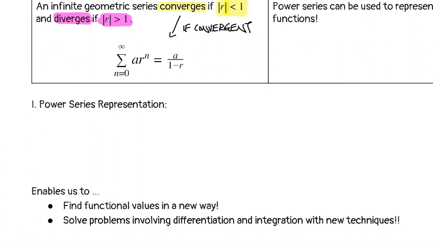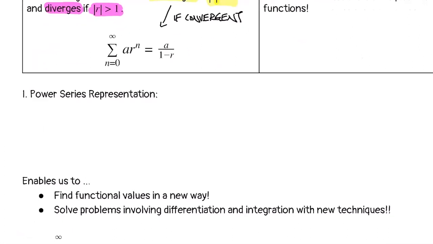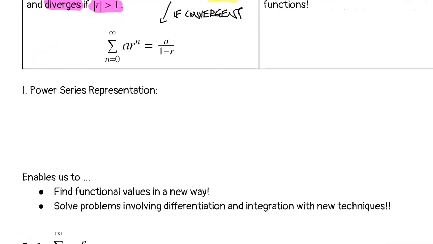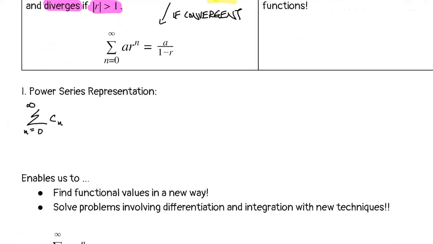Yesterday we saw that a power series representation in general is the summation, and we usually start with 0 and go to infinity, of some constant c sub n that changes for every single term, times (x minus a) to the n. Now, more simply, what we're going to do right now is assume that the center point is at 0.